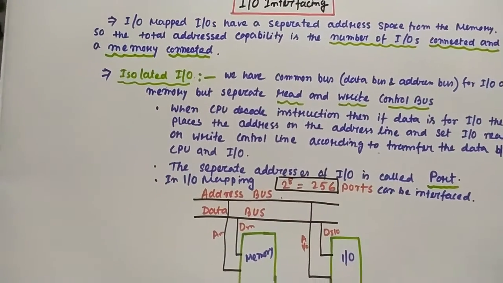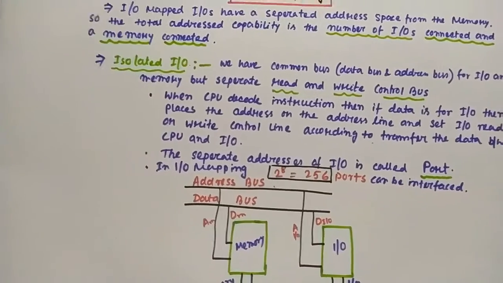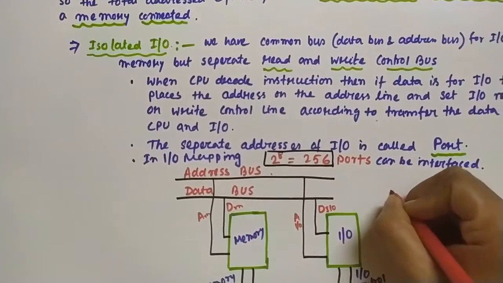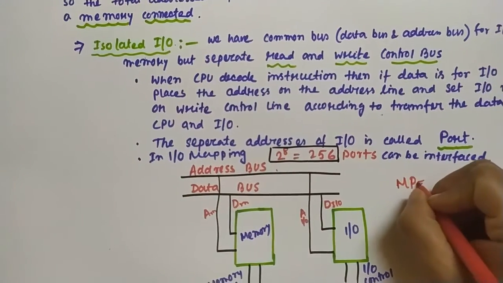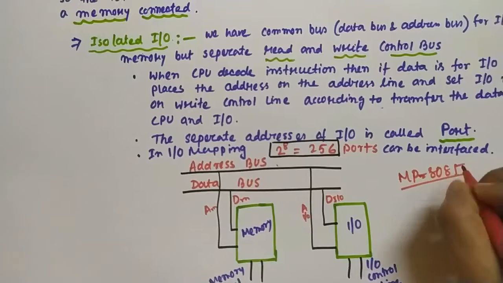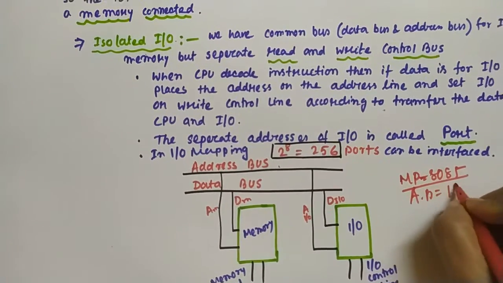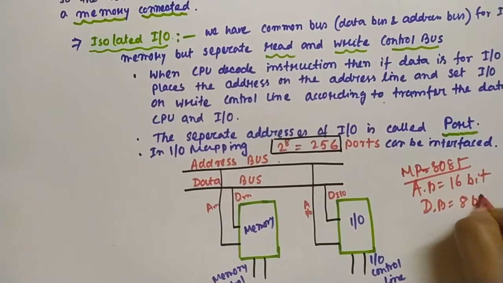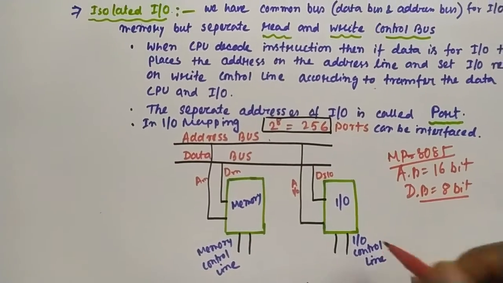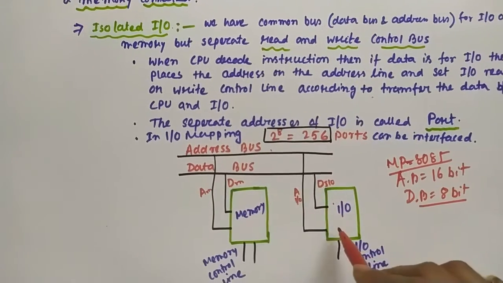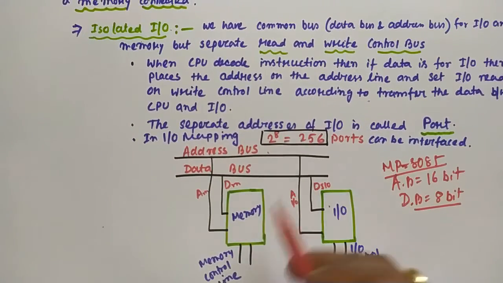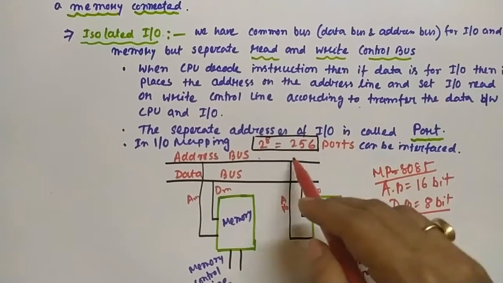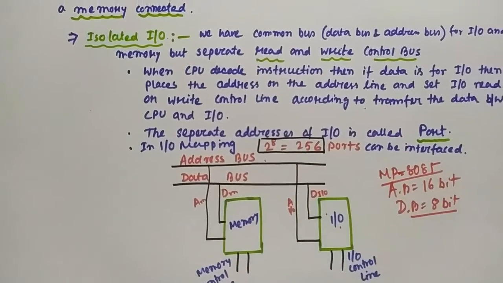We already know that in the microprocessor 8085, the address bus is 16-bit and the data bus is 8-bit. So when the input-output device is separate from the memory device, the input-output device has to access these two buses in an isolated way.